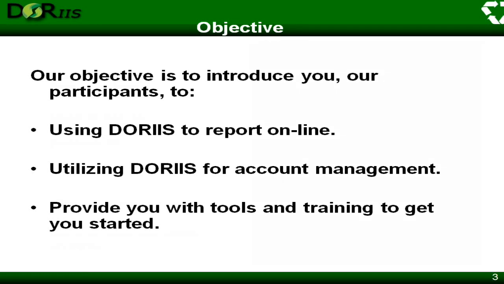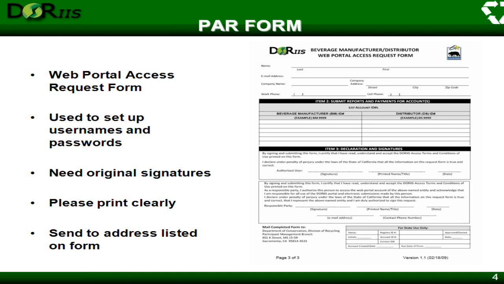So what I want to do is just go over the PAR form, the Web Portal Access Request form. This is the form that we'll need to have filled out by the supervisor authorizing each individual user to access DORIIS.